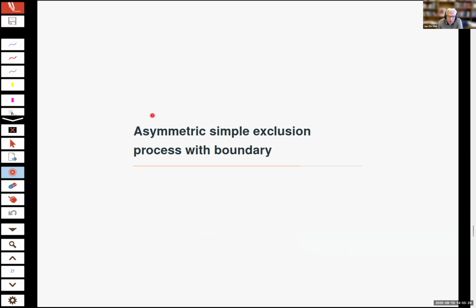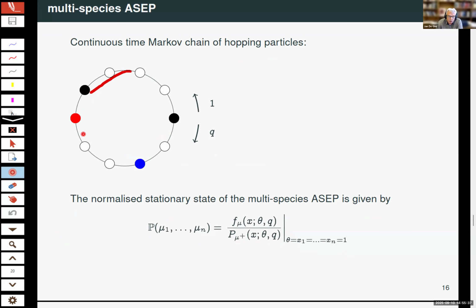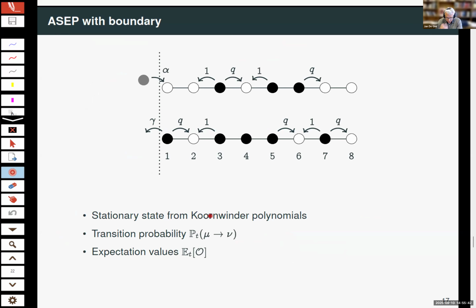More recent work that I just want to briefly highlight is the asymmetric simple exclusion process with a boundary. So this was on a ring or a cylinder. Now we go to a boundary. It looks like this. You have the exclusion process, and I've drawn a left-hand boundary. The particles here can just hop to the left and right. I only consider black and white in this case.